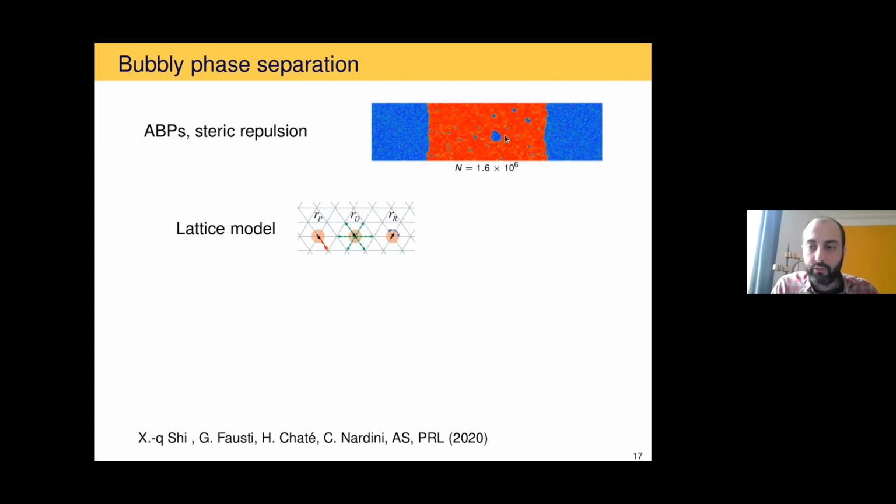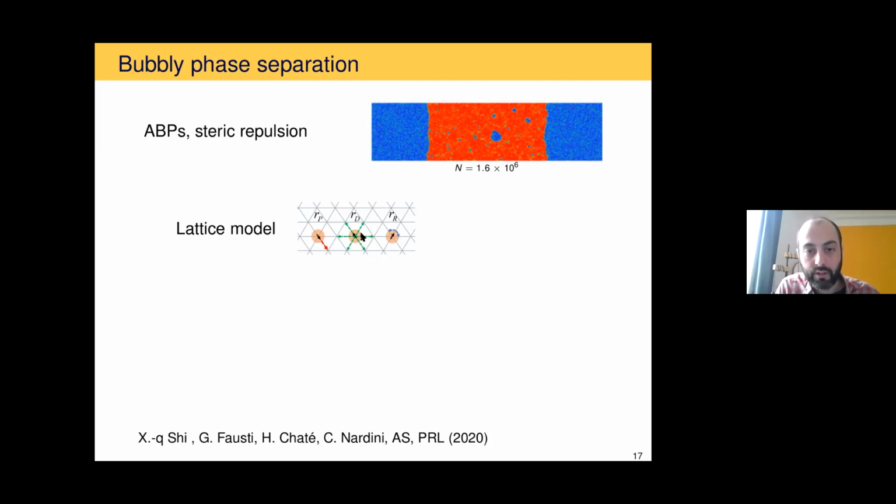So what we did is to introduce a lattice model that has the same ingredients. The particles are self-propelled. There is some isotropic diffusion, and with some rate, the particles reorient to another direction on the lattice. And the excluded volume is just that you cannot have two particles on the same lattice site.